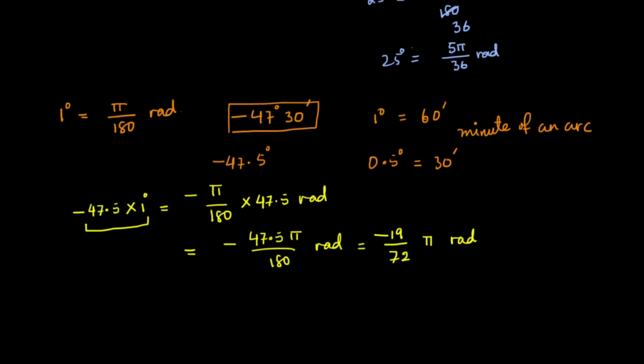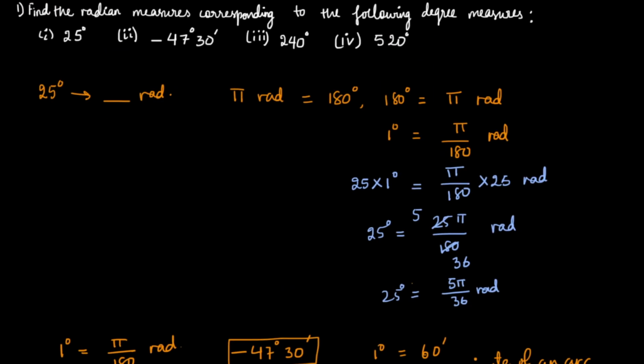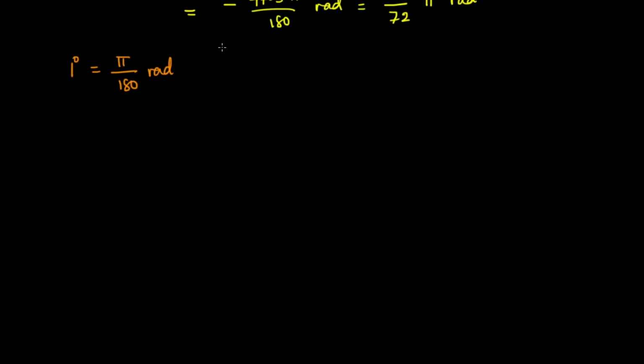It's pretty simple, right? I'll again write down 1 degree is equal to pi by 180 radians. So 240 degrees will be what? It's pretty simple. You multiply 240 on both sides.